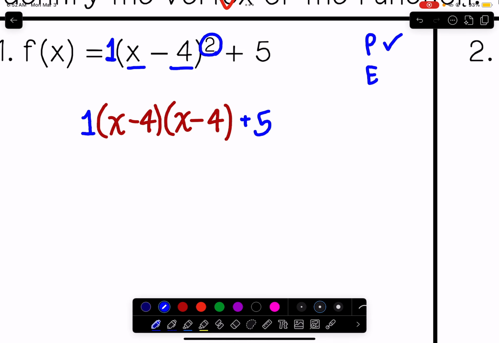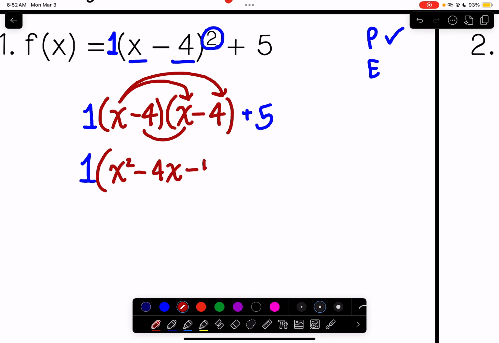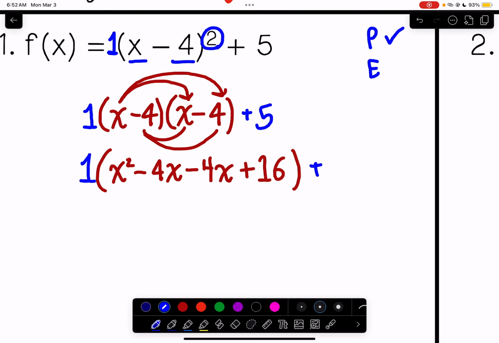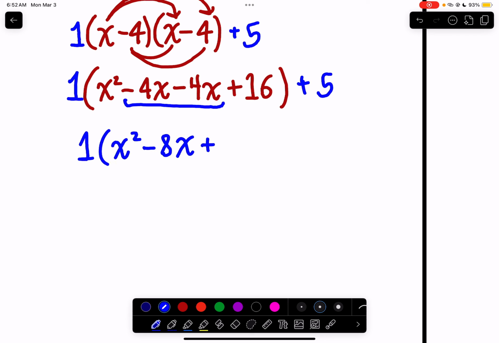Okay, so I have 1 times x squared minus 4x minus 4x plus 16, and then plus 5. Okay, lucky, because this won't even affect anything. Oh, but I should combine like terms first. So I have 1 times x squared minus 8x plus 16 plus 5.